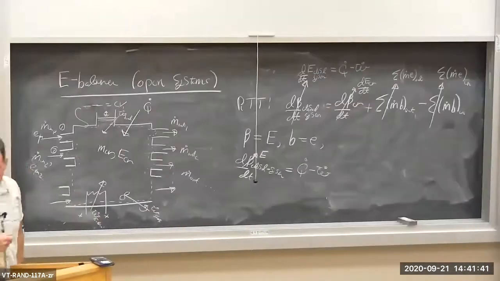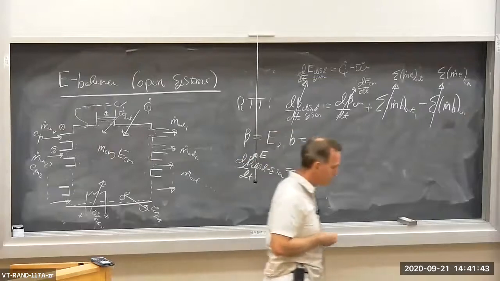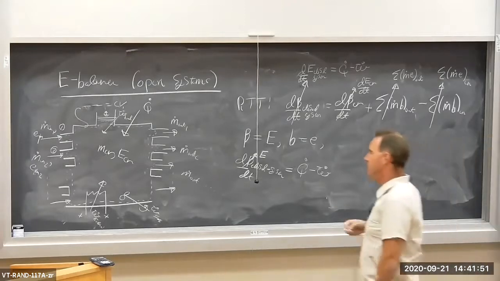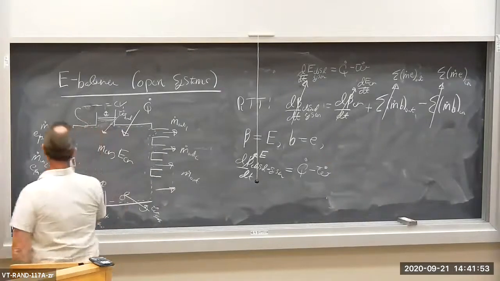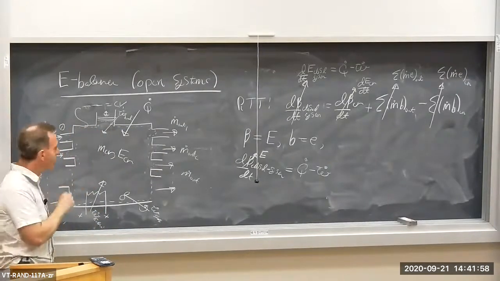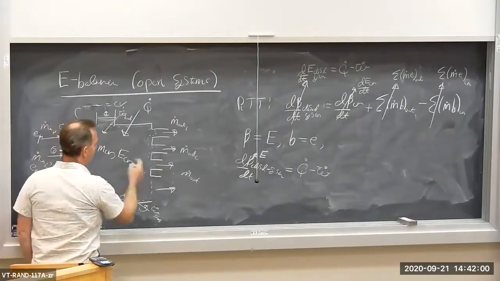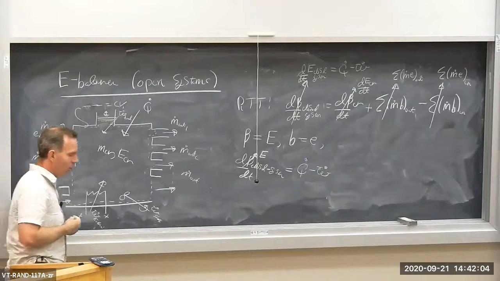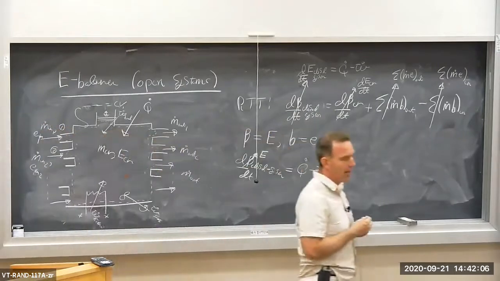Now, there's one little thing here. There's actually a new form of work that we encounter when we have open systems. There are pressures on the various inlet and outlet port locations, so the pressure is applying a force.